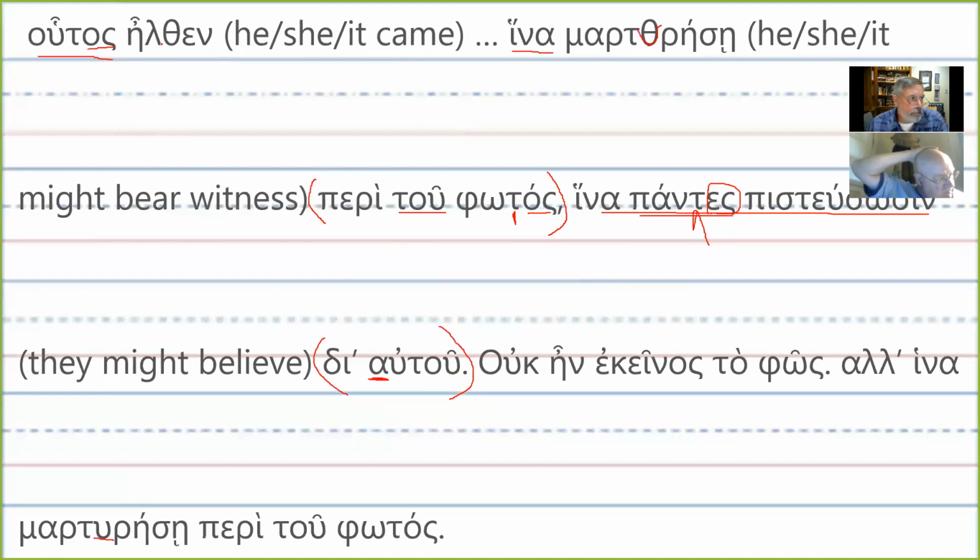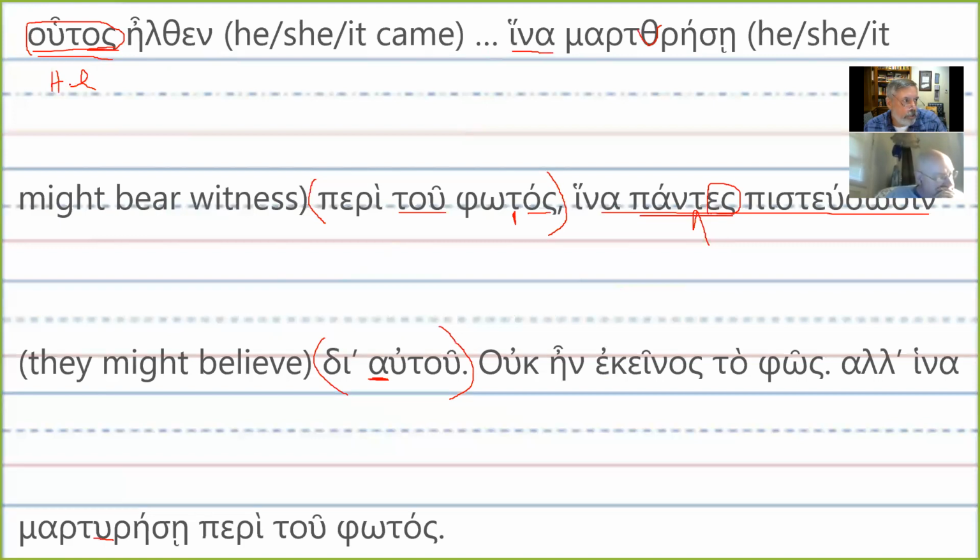So our first sentence is, this came in order that he might bear witness. So who came that might bear witness? This one. Instead of saying this came, we might say this one came, or even he came. I can get away with he because that's a masculine case ending.